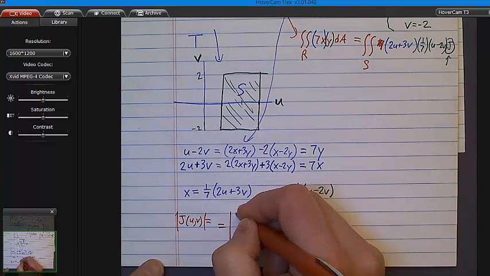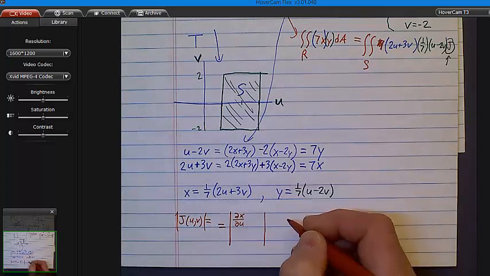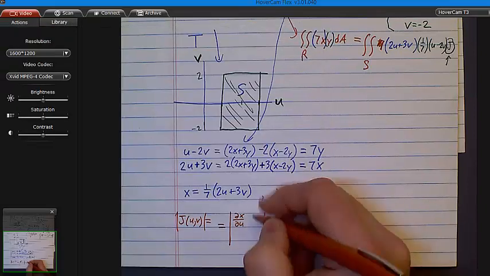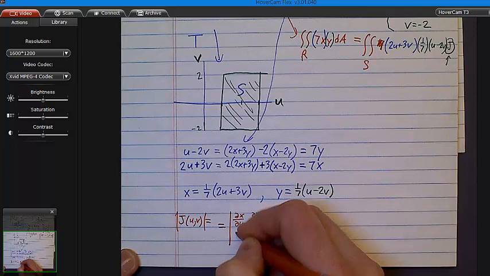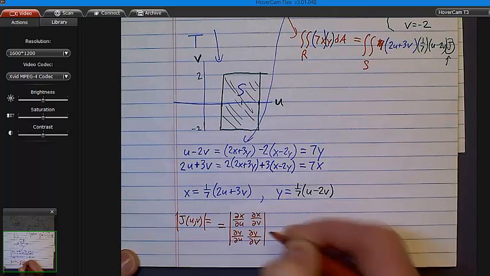And so the book will also write this. They'll write partial of x with respect to u. Let me do it the same way they do. It doesn't actually matter, but then they're going to say partial of x with respect to v. They'll say partial of y with respect to u, and they'll say partial of y with respect to v. Okay?